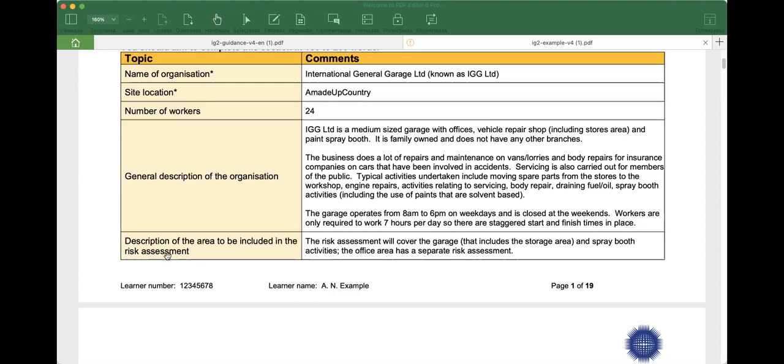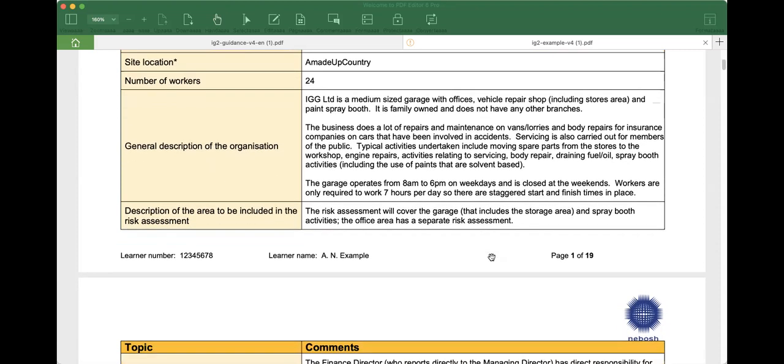Okay, and description of the area to be included in the risk assessment, like what will you cover in your risk assessment? I mean the whole site or some parts of the site, you must mention here. The risk assessment will cover the garage, that includes the storage area and spray booth activities. The office area has a separate risk assessment.